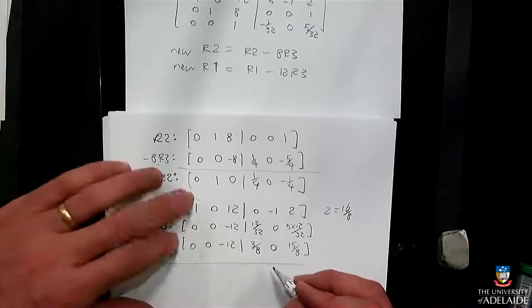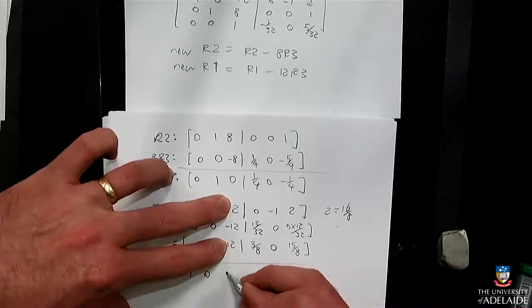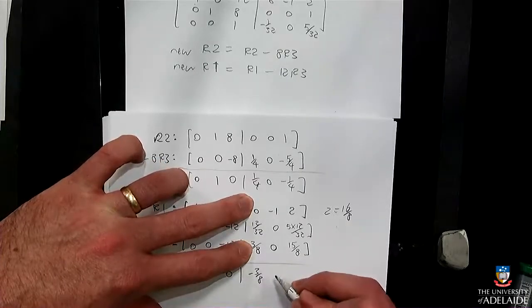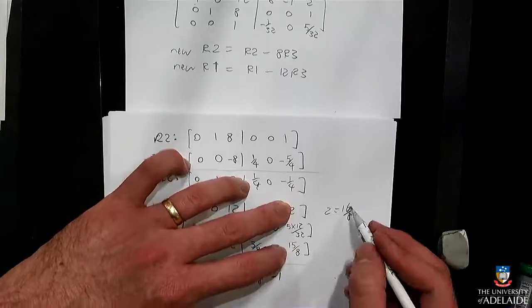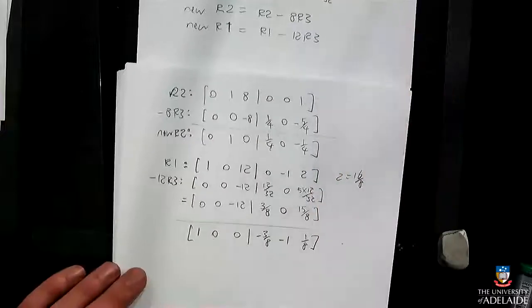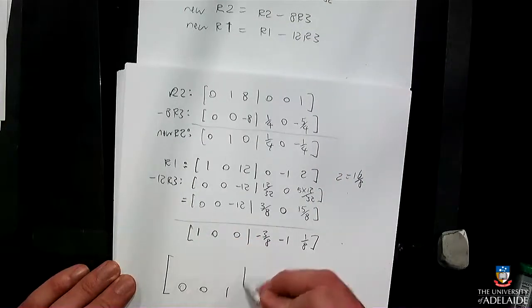So let's see. 1 minus 0 is 1. 0 minus 0 is 0. 12 minus 12 is 0. 0 minus 3/8 is minus 3/8. Minus 1 minus 0 is still minus 1. 2 minus, so 16/8 minus 15/8 is 1/8. And so I get that my new matrix is, I didn't change row 3, so it will be the same as it was before.